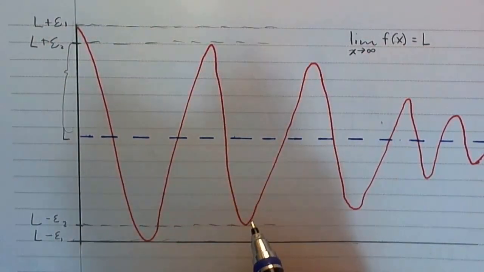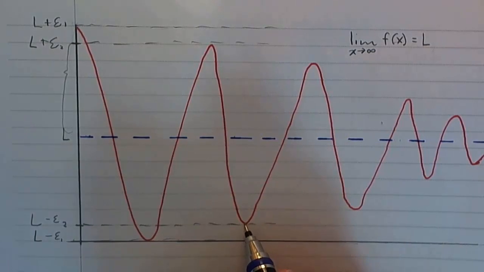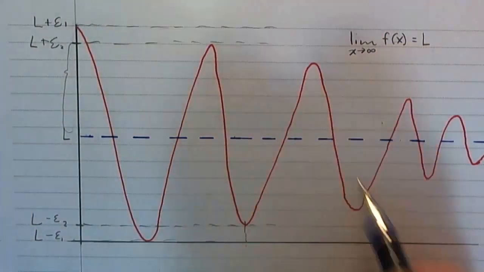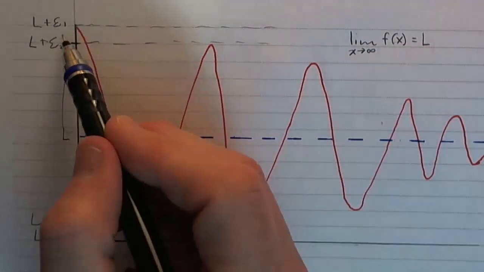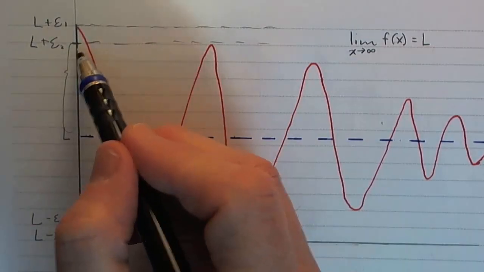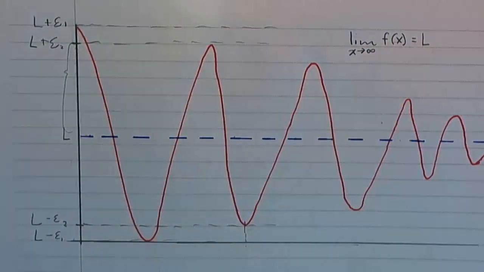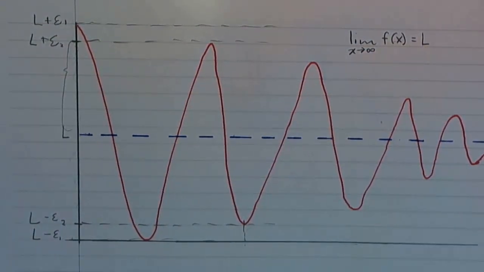However, if we come over here, look at this right here. If I come to this value for x, from that point on, every part of this graph is within this little epsilon 2 neighborhood, where this is epsilon 2, and this is epsilon 2. So every part of this graph is contained within L plus epsilon 2 or L minus epsilon 2.